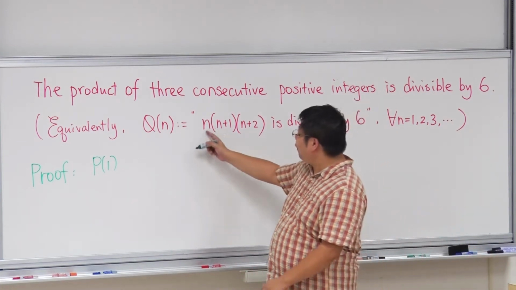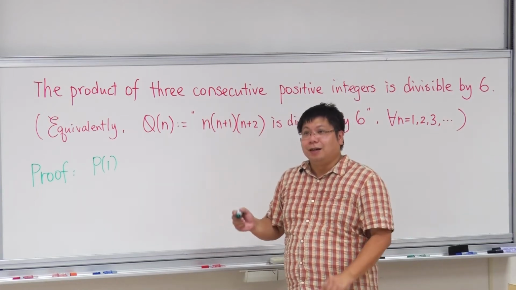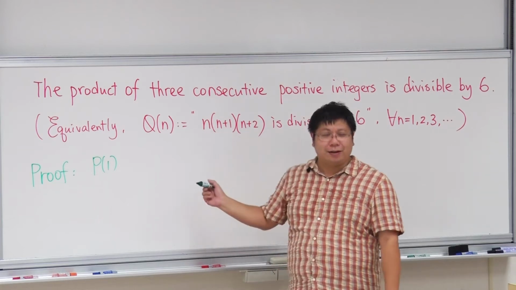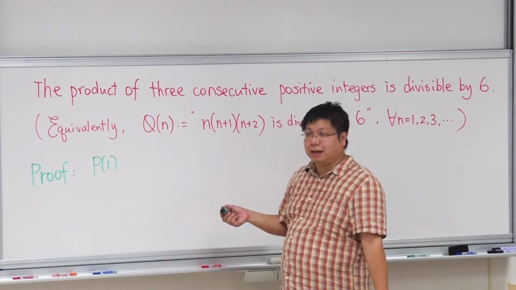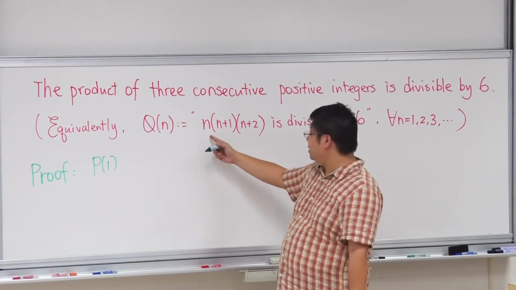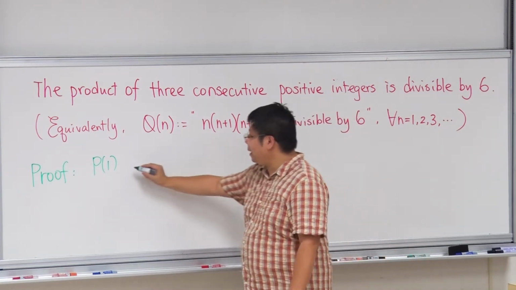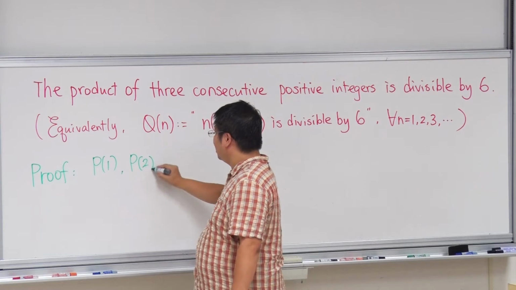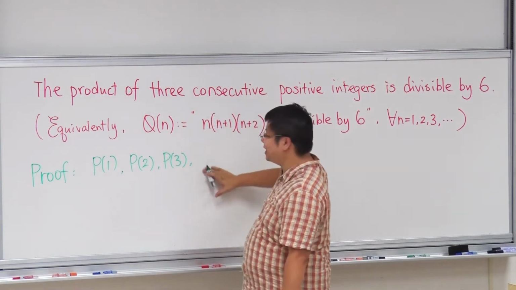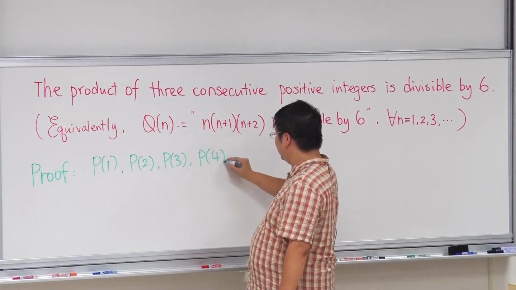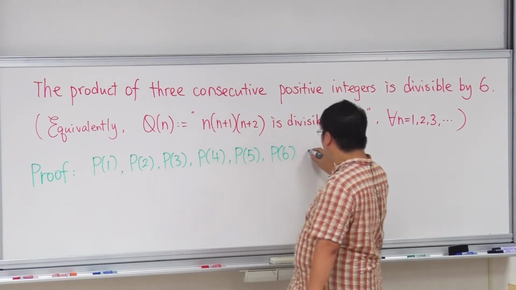For 4, 4 times 5 times 6 is 120, divisible by 6. 5, 5 times 6 times 7 is 210, divisible by 6. And then 6, 6 times anything is divisible by 6. Is that okay? So we know that P1, P2, P3, let's not be lazy, P4, P5, and P6 are all true.